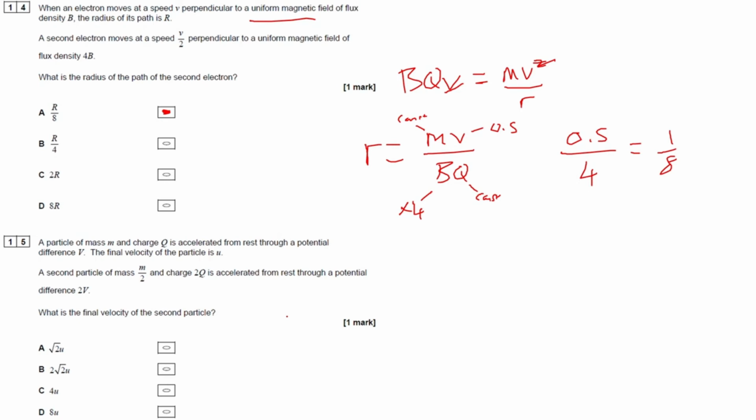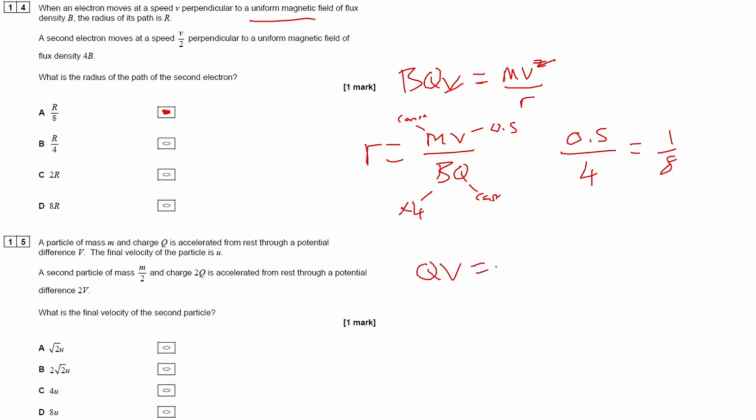Now in 15 we have to think about another equivalent energy transfer that's taking place here. A charged particle with charge q is accelerated through a potential difference, so electrical energy is being converted into kinetic energy for this charged particle. So I need to equate those two energy equations.